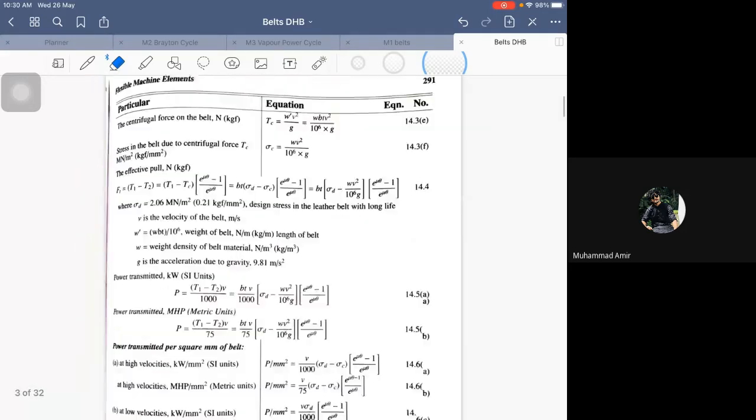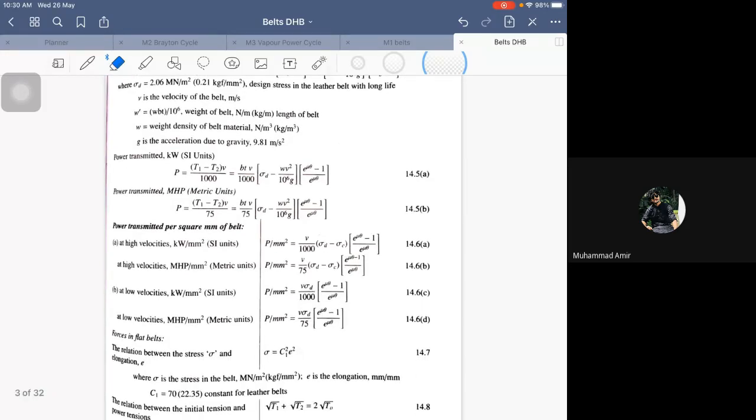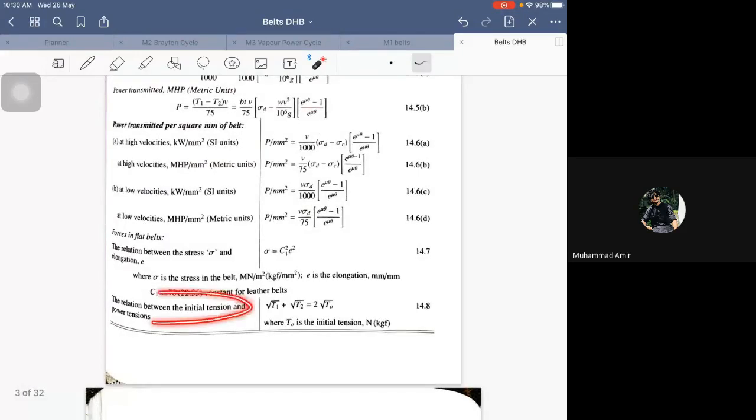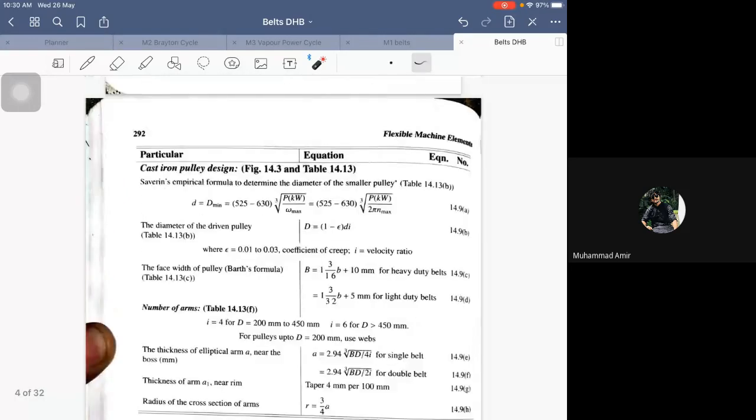Okay. Just see what all different parameters you have there. Look into the formulas, how they are. First, look into this. What different formulas are there? Just have a check in your data handbook. What are the different types available?